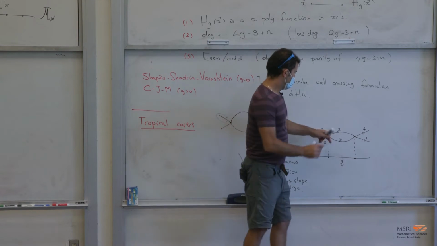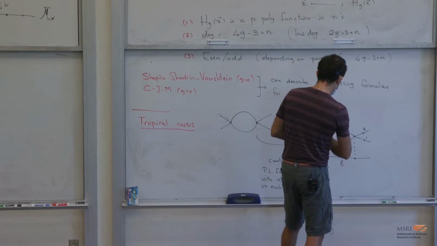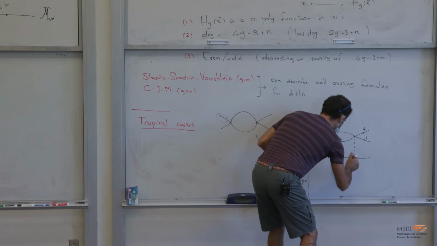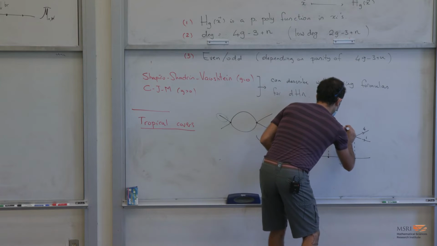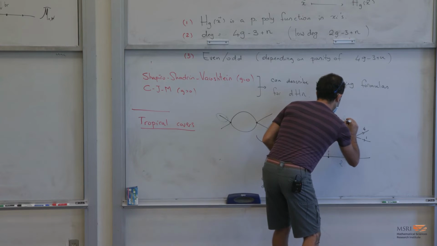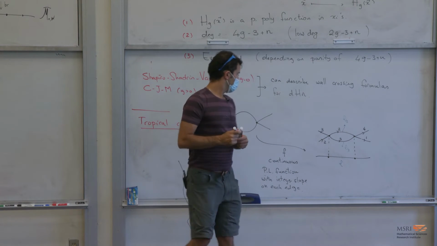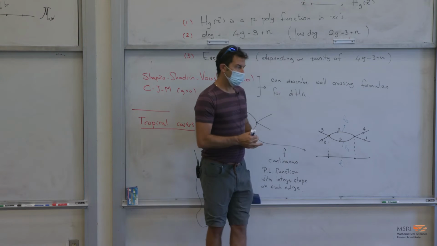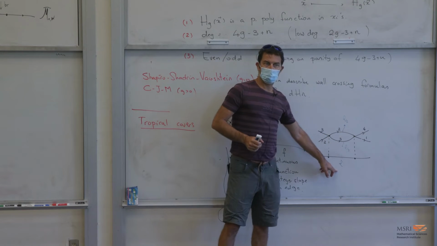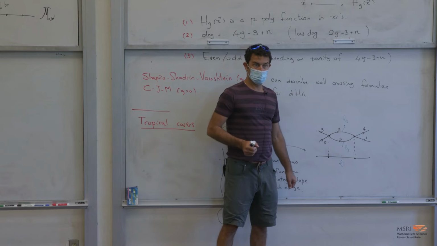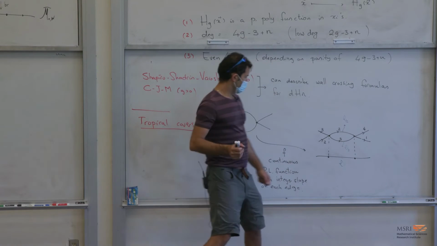Right? So this edge should have length, let me draw it in blue, L over 2, and this should have L over 3. Right? Because 3 times L over 3 is L. Okay.